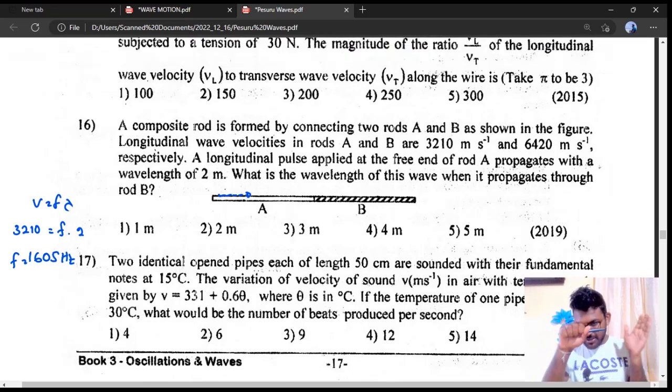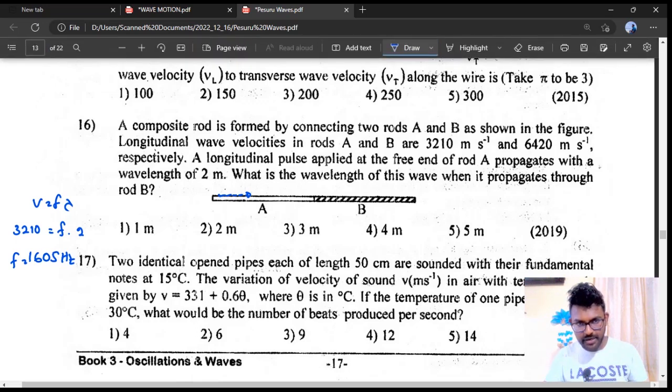We are not continuously tapping the end of rod A. We just tap it once and that wave propagates through the system of rods. We found the frequency to be 1605 hertz. Then the same wavefront, the pulse, enters rod B.